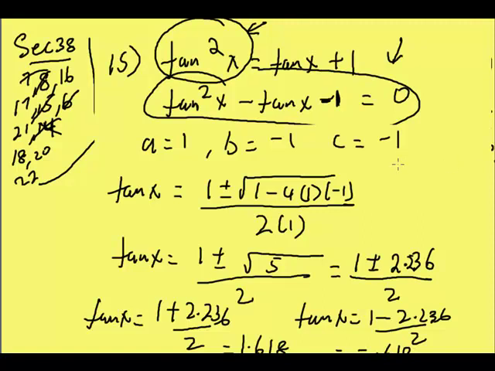So I have tan of x is equal to 1.618. Let's take care of that. What's my x equal to? Tan inverse of 1.618. Calculate that. I need the value. .017.